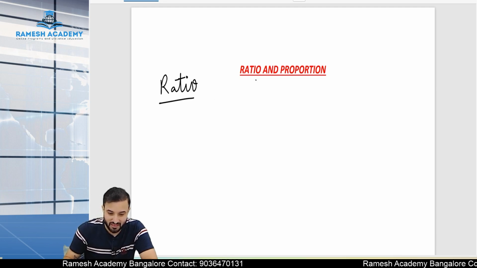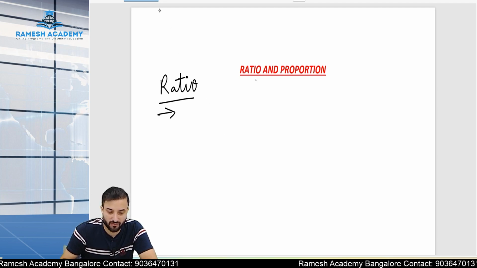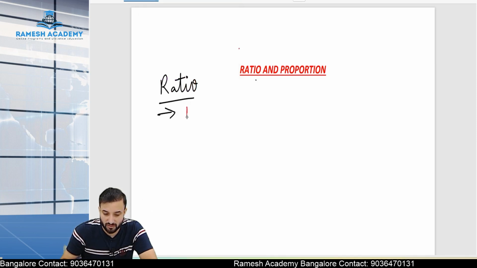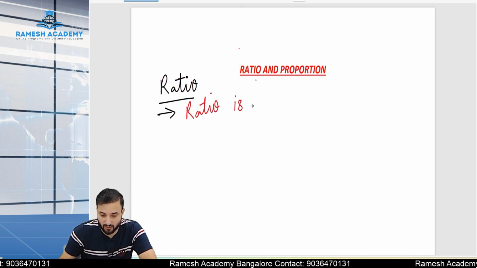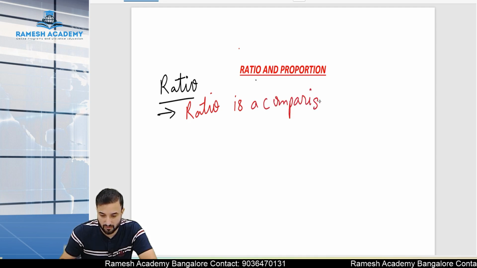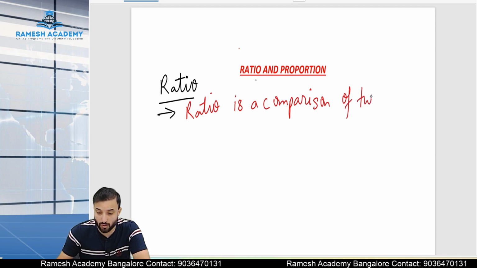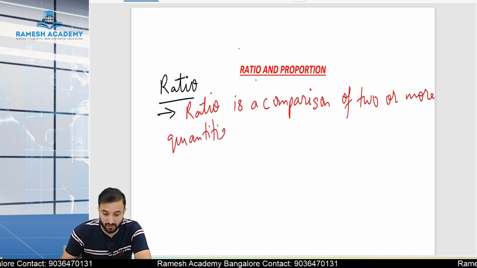So we'll talk about ratio. First of all we'll write the definition. Ratio is a comparison of two or more quantities. Till here it is very simple.